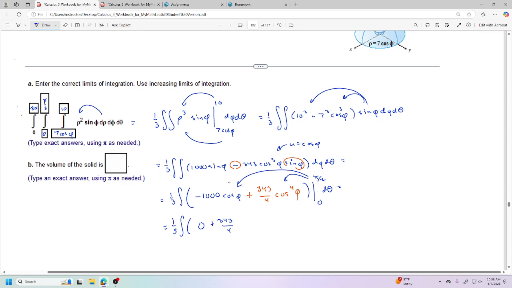Plugging in the 0, cosine of 0 is 1. So I get a 1000 there. And then cosine of 0. Oh, I did it again. Did you see it? Look, right here. I plugged in for cosine, I got a 0. I plug in for cosine, I get a 1?